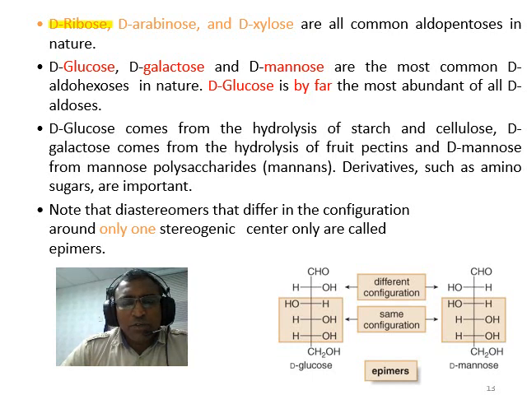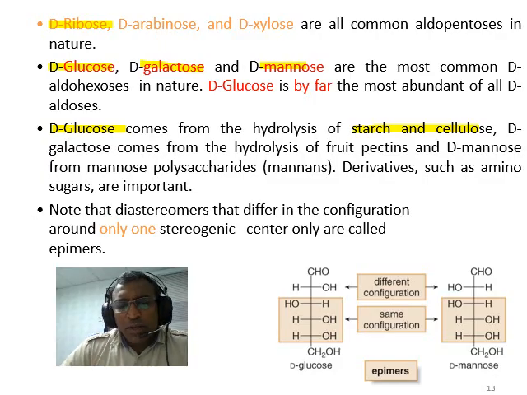Remember, this is the sugar found in the nucleic acid RNA, and once it's converted to deoxyribose, it will be found in DNA. Then you have the very, very popular one, D-glucose. It is so much utilized in your body that it is referred to as blood sugar. You also have others, galactose and mannose, and where they come about in starch, cellulose, and fruit pectins, and so on.